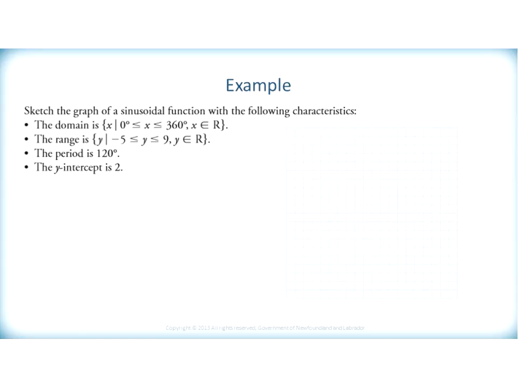Sketch the graph of the sinusoidal function with the following characteristics. So here we have some characteristics, and we have to sketch the graph of a sinusoidal function. If you'd like to, you could pause the clip. I'm going to continue. Just going to sketch a graph here.